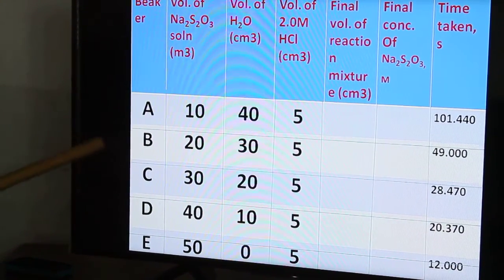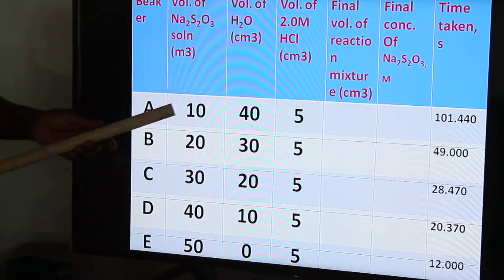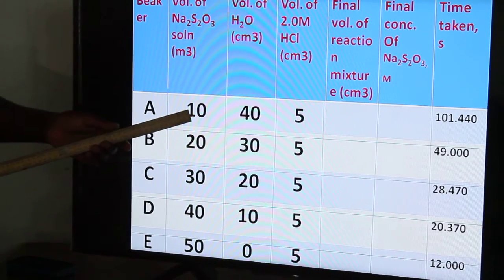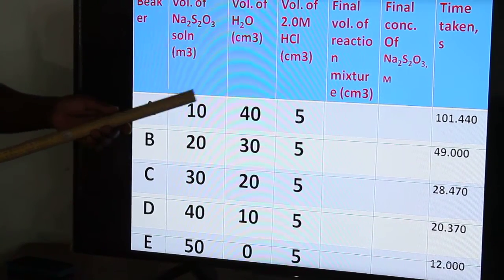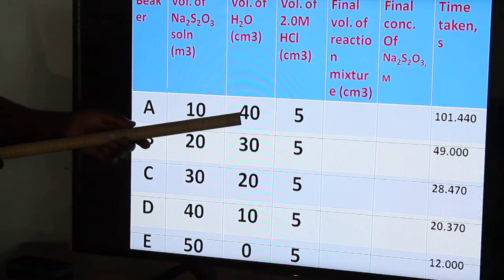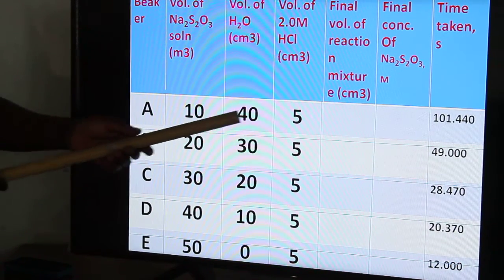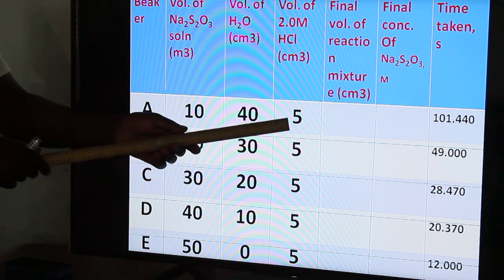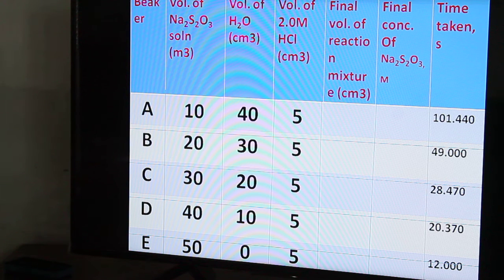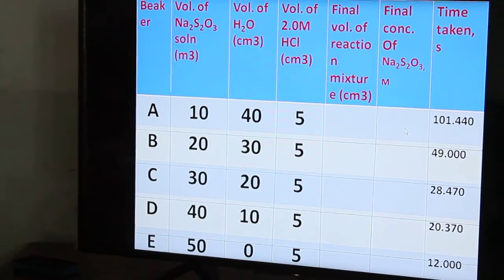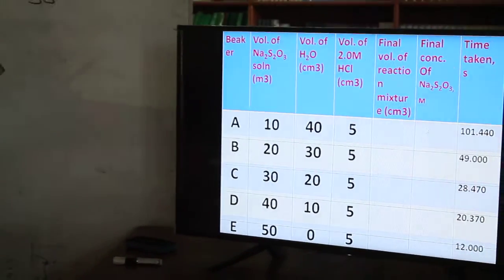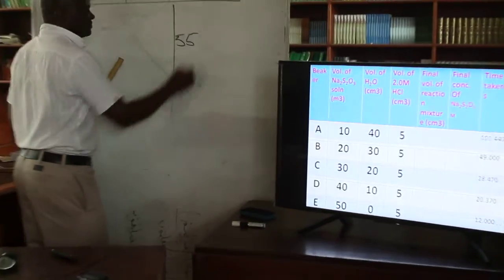Now, let's take beaker A. The volume of sodium thiosulfate was 10. Then we added water, which is 40, and acid, which is 5. So 10 plus 40 plus 5 is 55. So the total volume was 55.